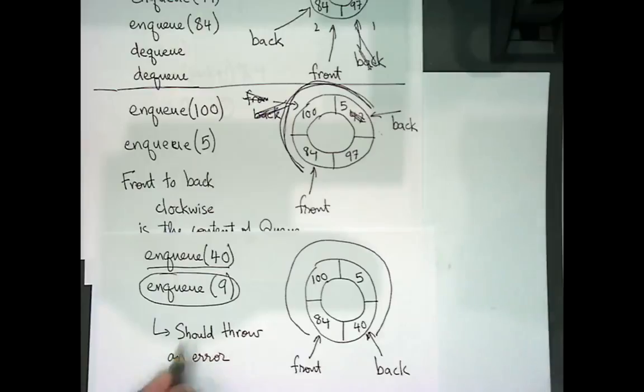So how does it know that it's actually filled things up? When front equals back, or rather when front equals back plus 1. Because back is wrapped all the way around. Back plus 1 modulo, yes. Modulo max size, yes.